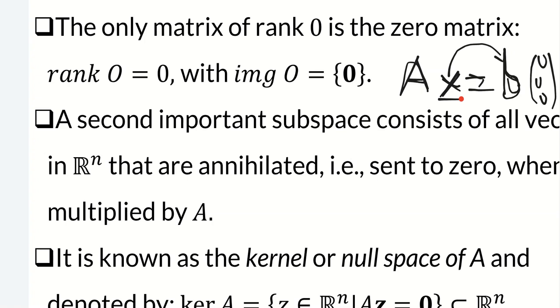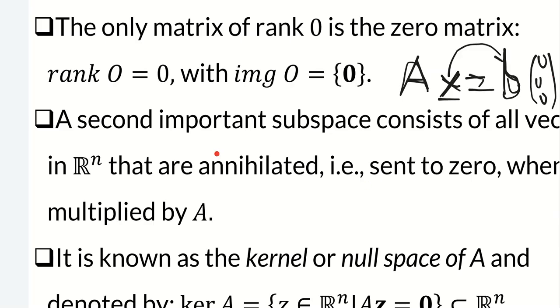This helps us remove all sorts of dependencies in our data set. If I use the matrix to transform my x, I'm supposed to get 0, and that enables us to remove dependencies in our data set.